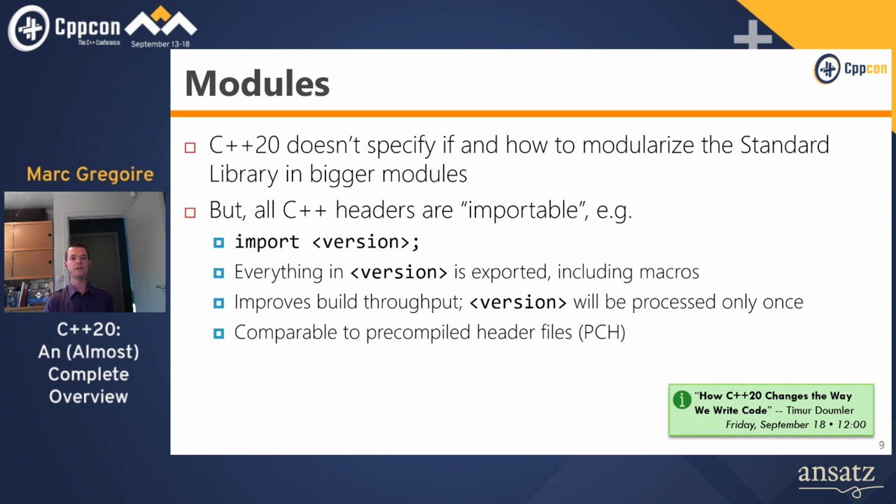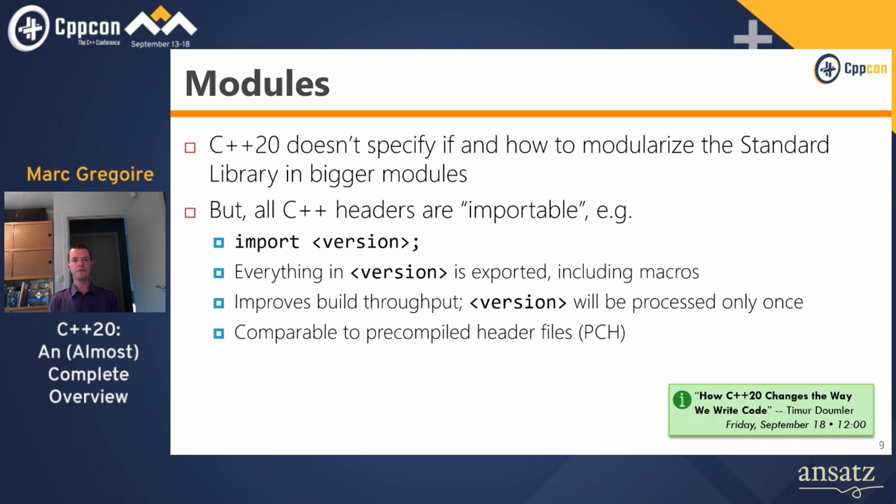What this does is everything that is in the version header will be implicitly exported, including macros. This is different compared to writing your own modules, in which case macros are not exported. But if you import these headers, then all macros will be exported as well.